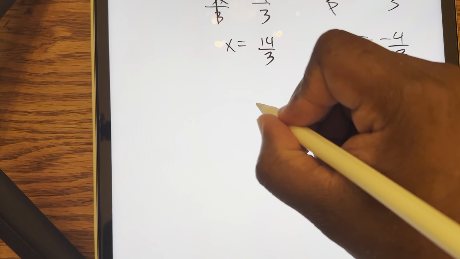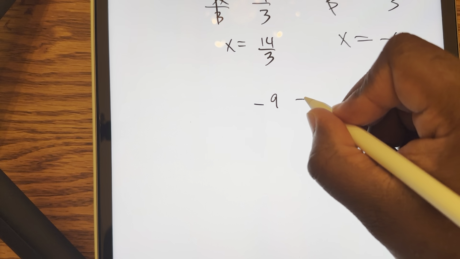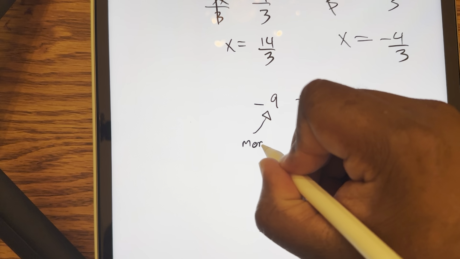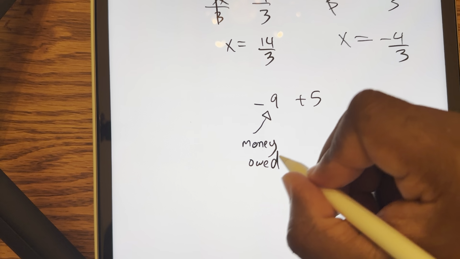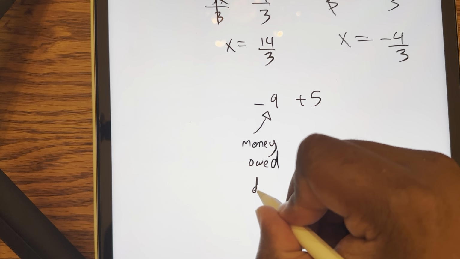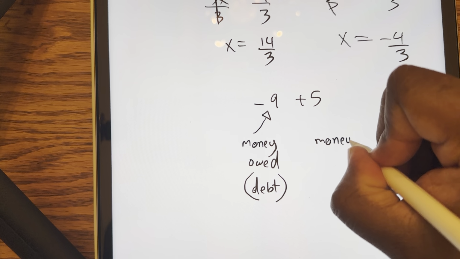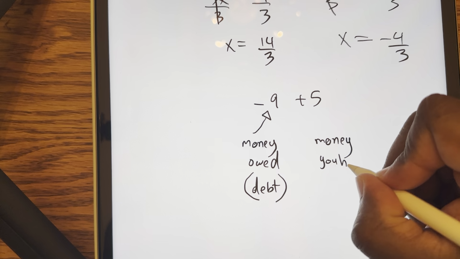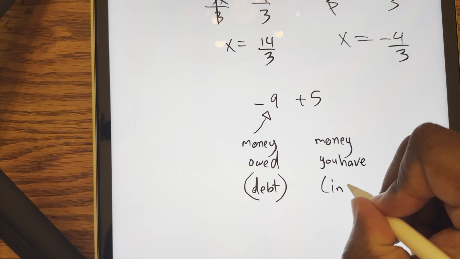Anything that's negative, let's say you had negative 9 plus 5, I view the negative as money I owe someone, so money owed, otherwise known as debt. And this is money that you have. So that's your income.